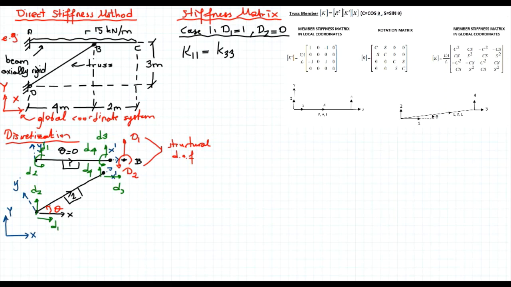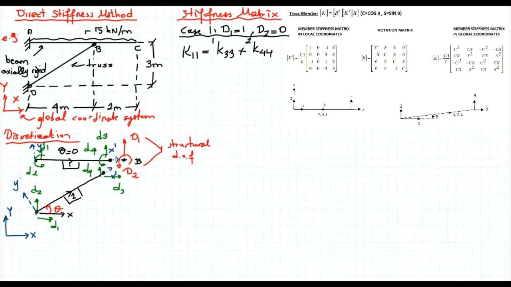K33 comes from the first member plus the contribution coming from the second member. Again, let's take a look at D1, and the stiffness coefficient that matches the D1 direction is D4. So that resistance will be K44 coming from the second member.